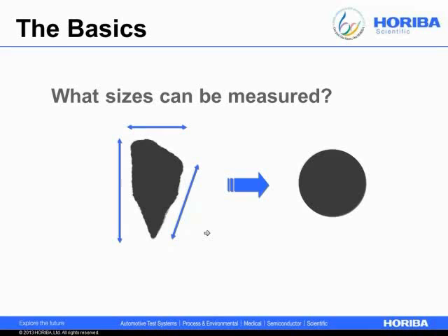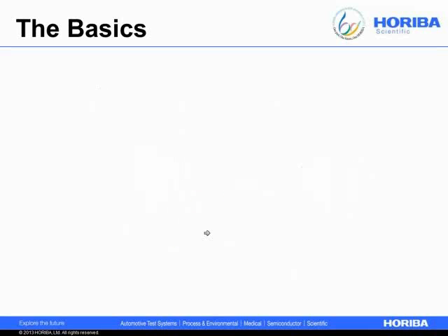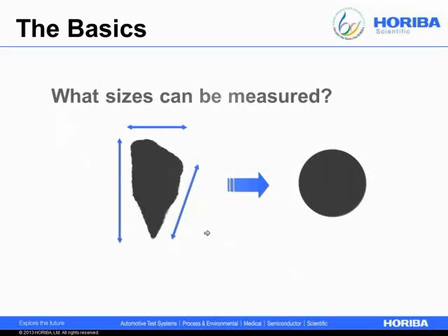So what sizes can be measured with the technologies we talked about today? Excuse me, I got a little too ahead of myself. With the laser diffraction technology we talked about today, it converts everything to an equivalent spherical diameter. So again, when I was talking about the specific surface area that is reported by that instrument, it has to assume that everything is a hard sphere, even for the size results, because that is the easiest way to make the math work to convert from scattering intensity to a particle size distribution.